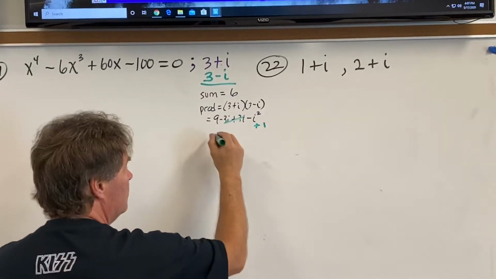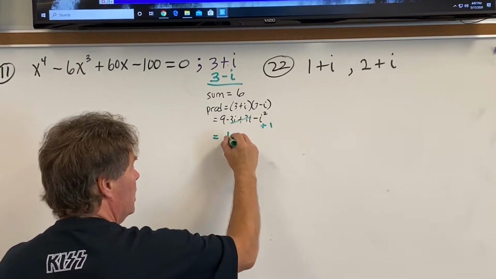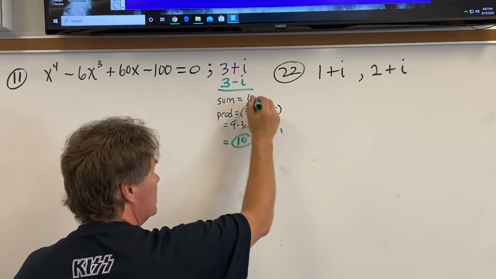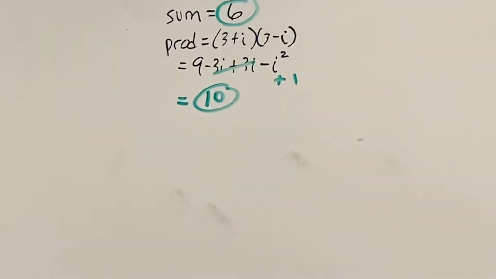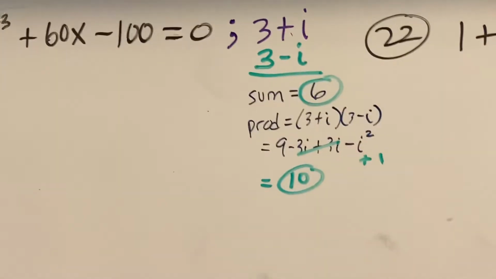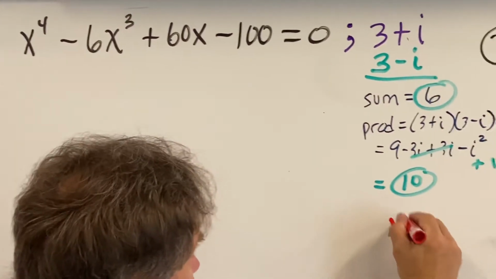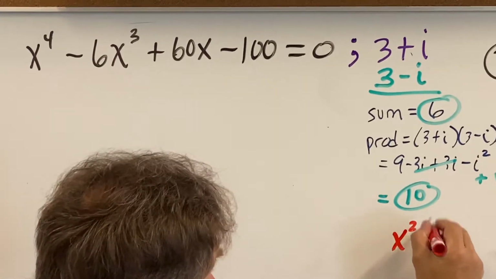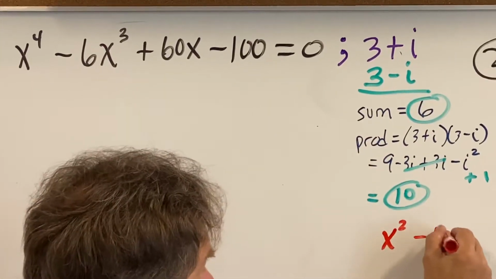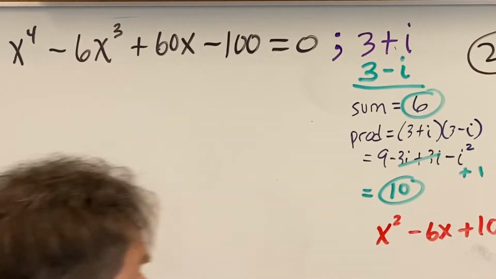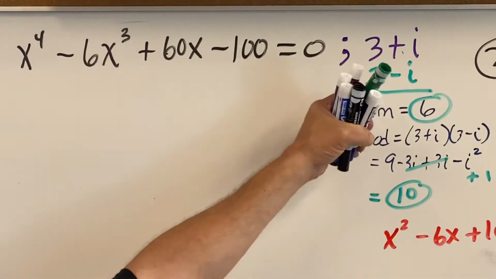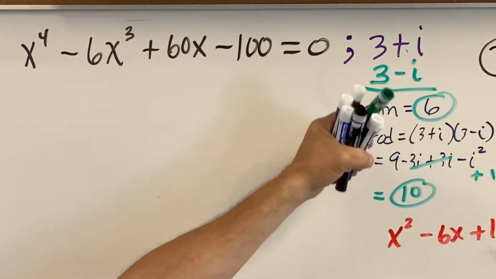These cancel. So 9 plus 1 is 10. Product 10, sum 6. So if I want to know the polynomial that contains these 2 roots, it would be x squared minus the sum, so minus 6x, plus 10. That polynomial contains those 2 roots, okay?